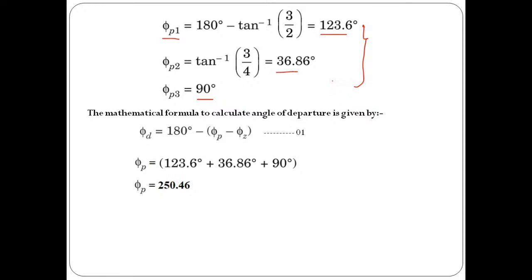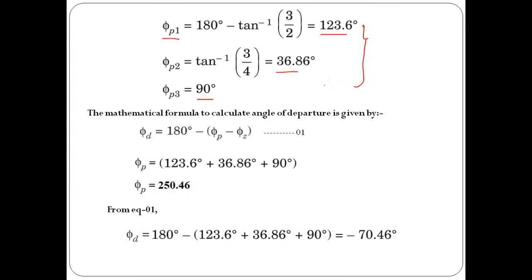So if you apply that logic, phi p is 250.46, and from equation number 1 we can calculate the value of the angle of departure, and the angle of departure for this case is -70.46. This is very important.